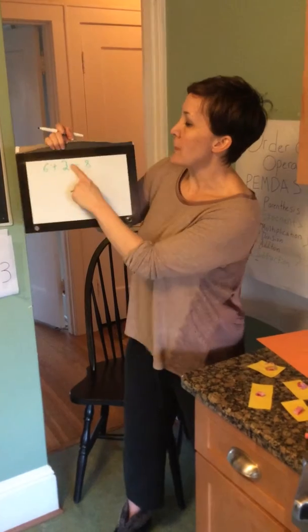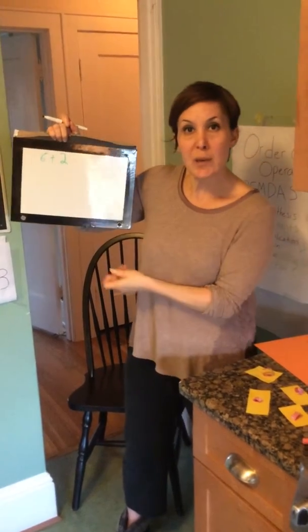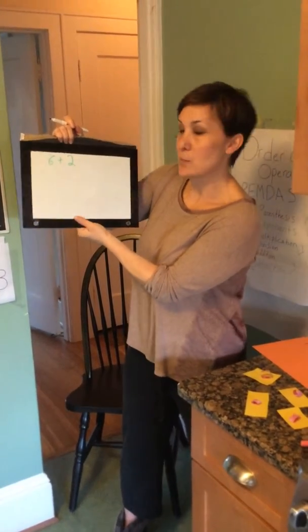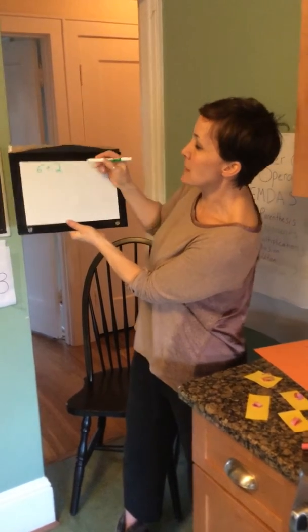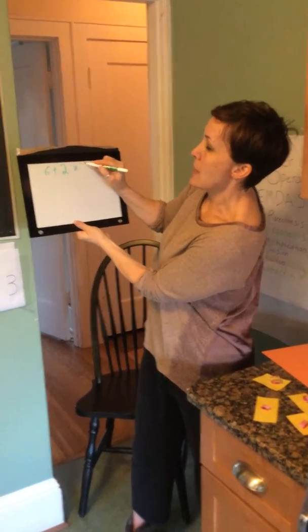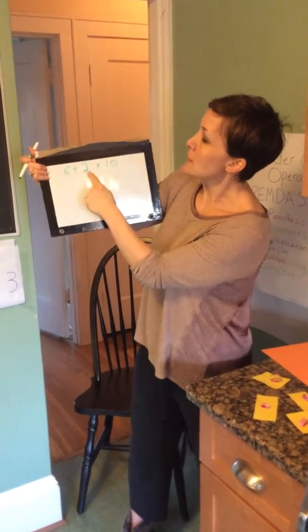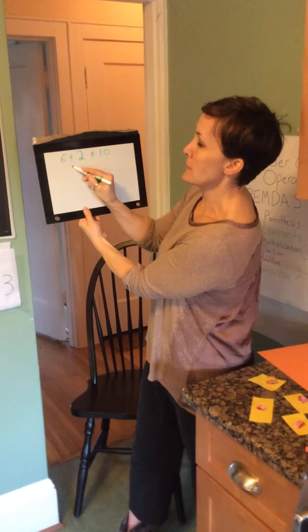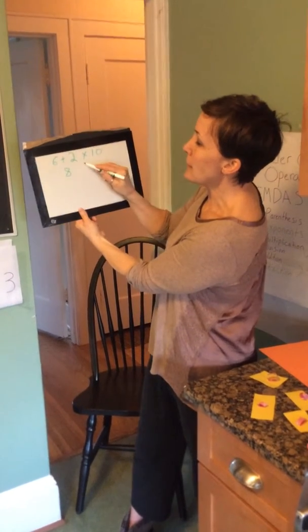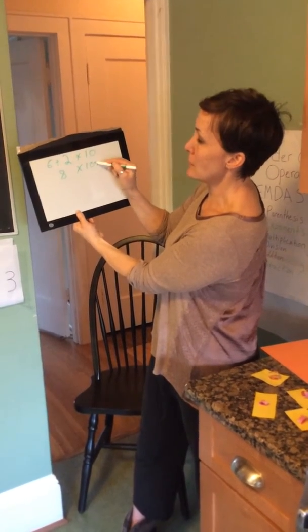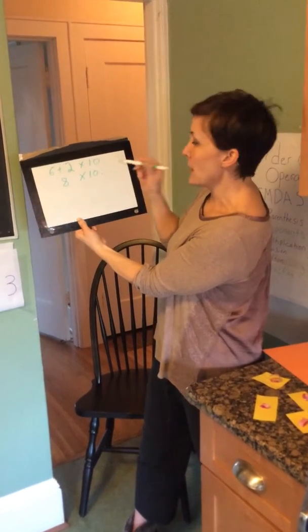So that's one operation. What happens though if we have a multiple operation problem? If you have 6 plus 2 times 10, for example, you might do 6 plus 2 equals 8, and then 8 times 10 equals 80.